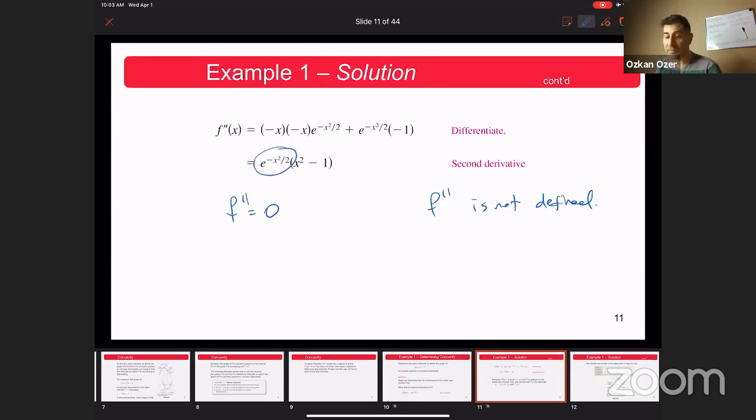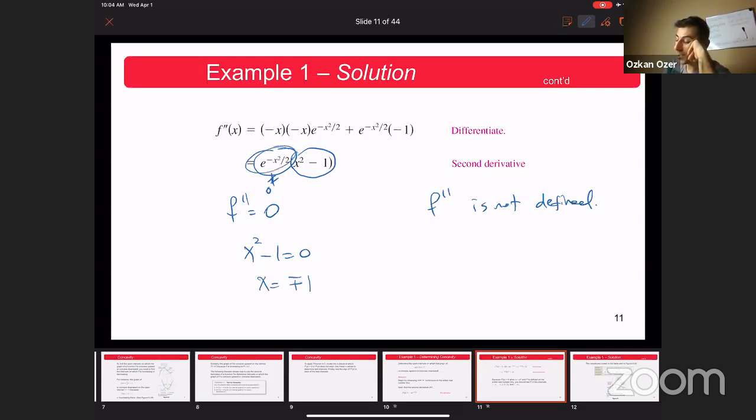Exponential function is never ever 0. So if there is any x that makes f double prime 0, these are the x's satisfying this, because again, the exponential is never 0, so there's no way that term could be 0. So this is non-zero. I should solve x squared equals 1 to find the zeros. Here it is, x equals plus minus 1.